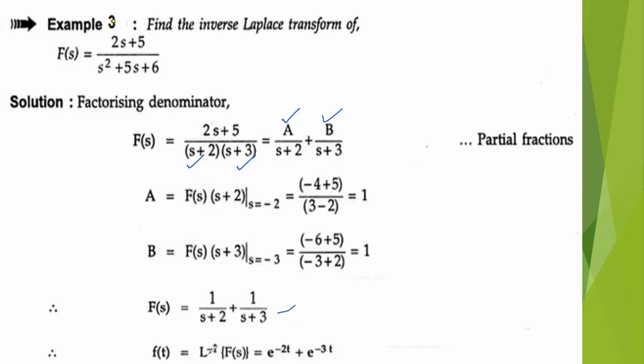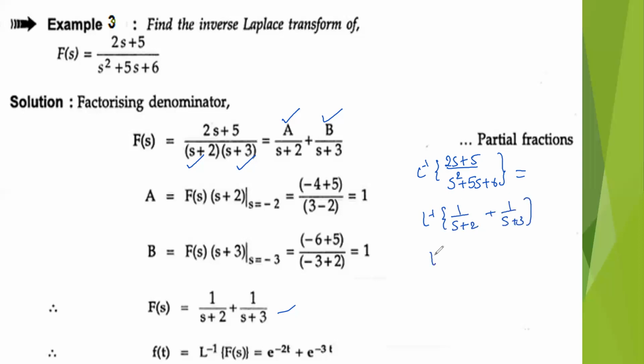Now the inverse Laplace of 2s plus 5 divided by s square plus 5s plus 6 is the inverse Laplace transformation of 1 by s plus 2 plus 1 by s plus 3.